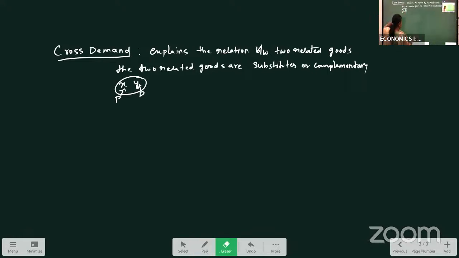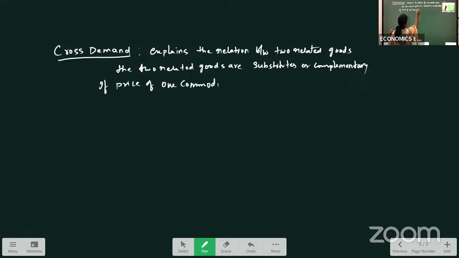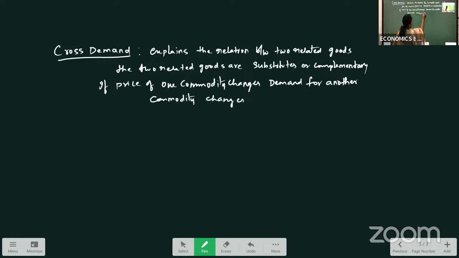Okay, so why do we call it cross demand? Because if the price of one commodity changes, demand for another commodity changes, all other factors remaining constant.